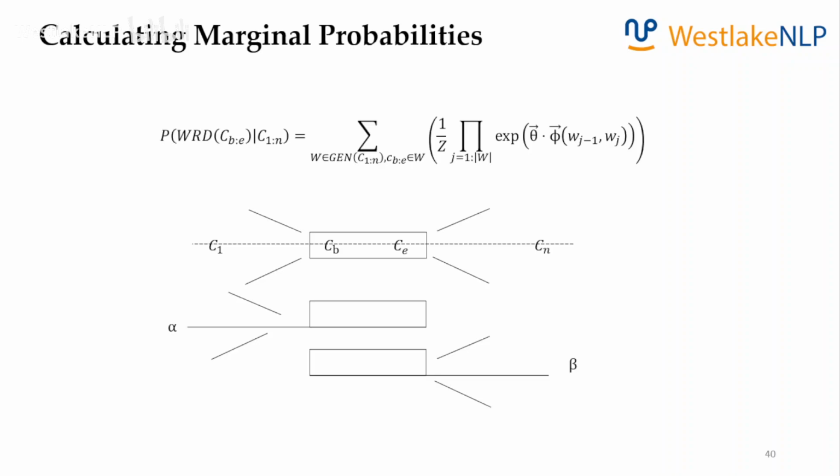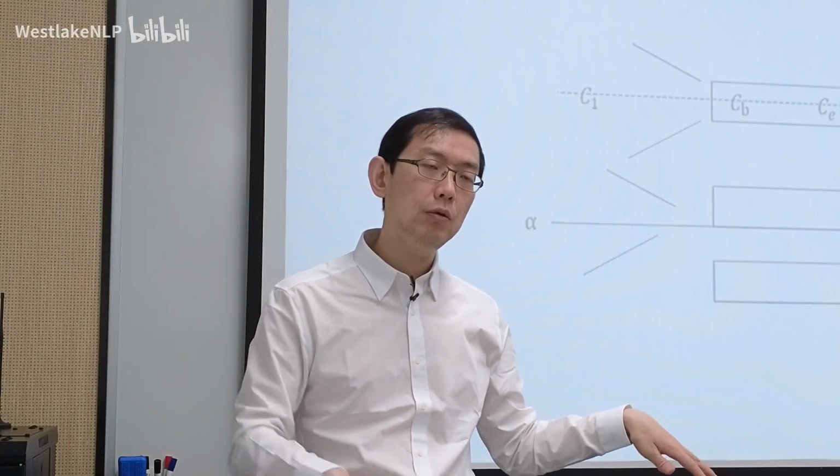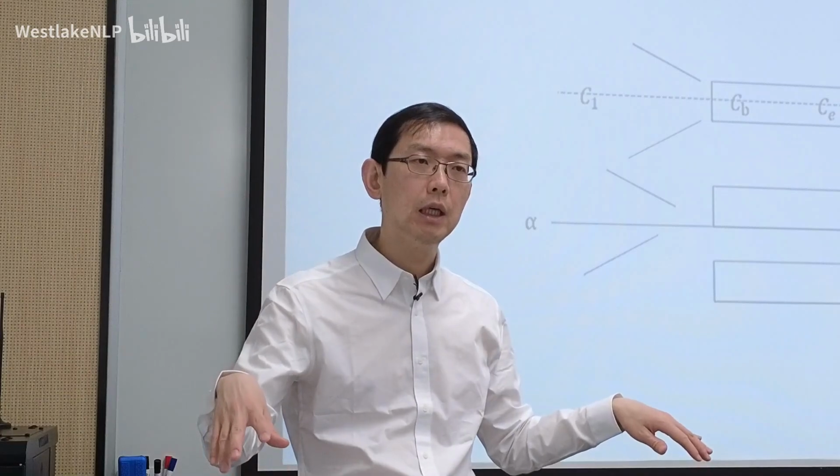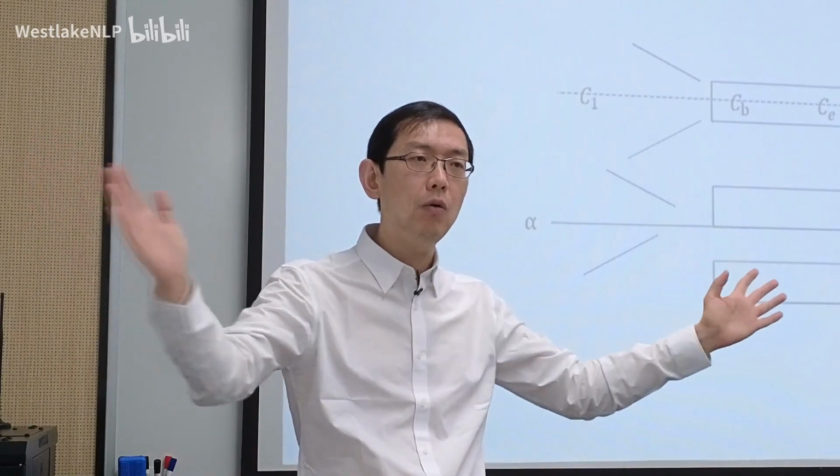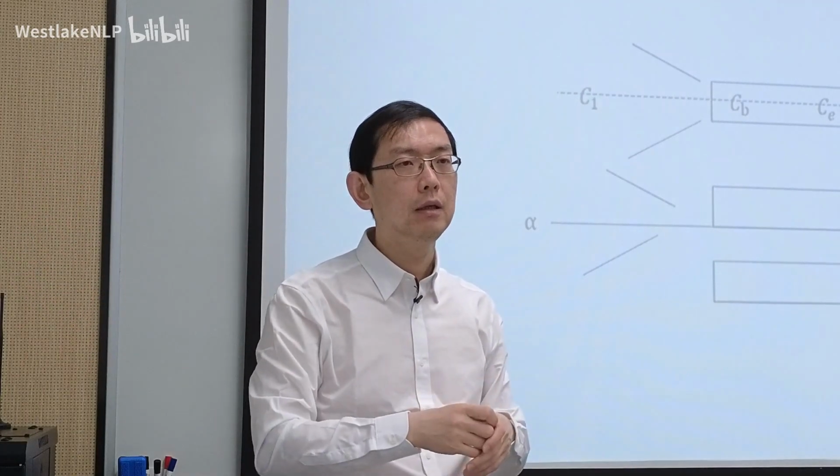How do you do exponential sum? We want to use dynamic program, right? And when we use dynamic program, the first figure shows you the scenario, which is we need to enumerate everything before B. We need to enumerate everything after E. And then we need to sum up this whole thing in the lattice, right? Subject that BE is one single word.